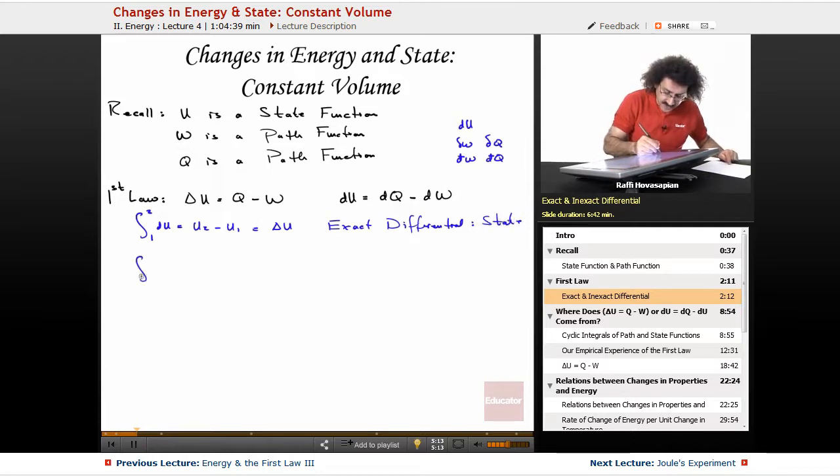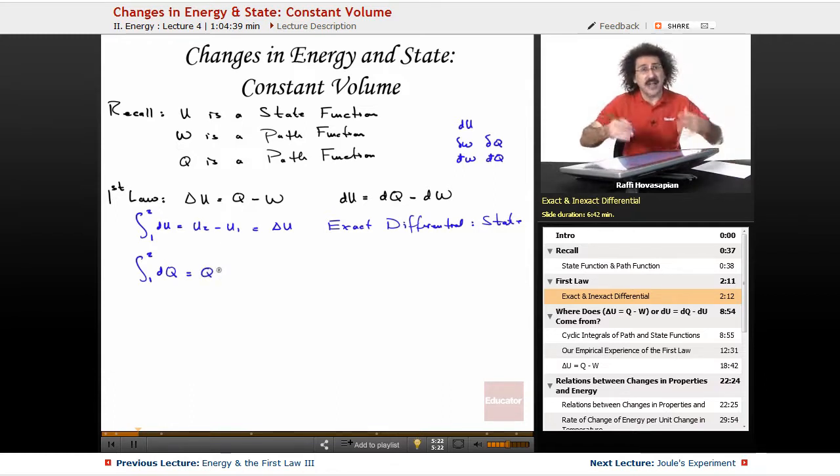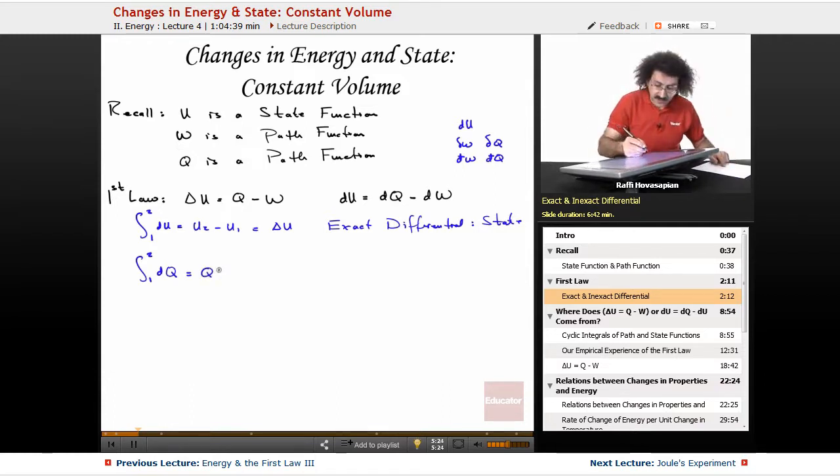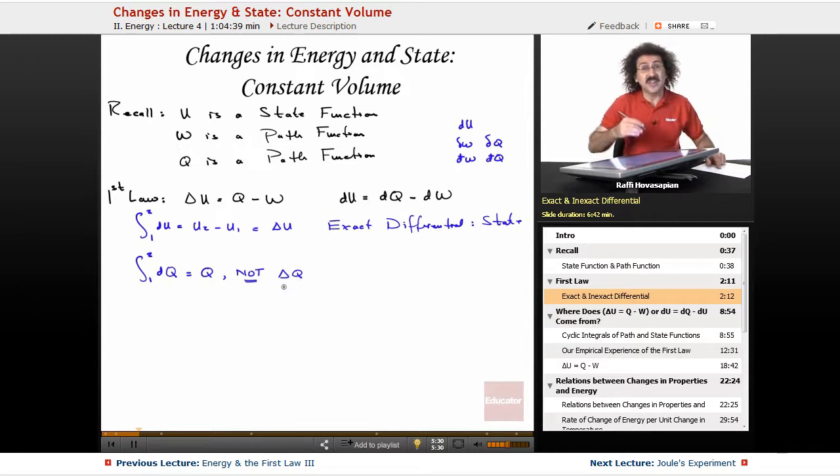Now, when we integrate heat, let's say dq, we don't get q2 minus q1. We just get whatever the value of q is. This is not delta q. This is an inexact differential. Inexact differentials do not integrate the same way exact differentials do.